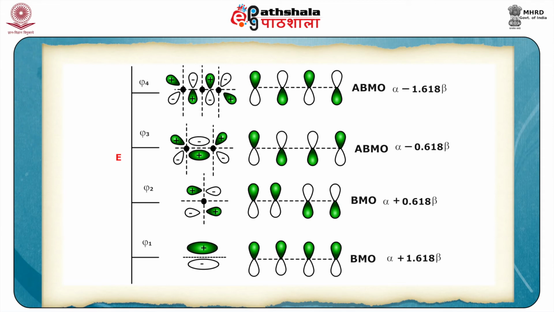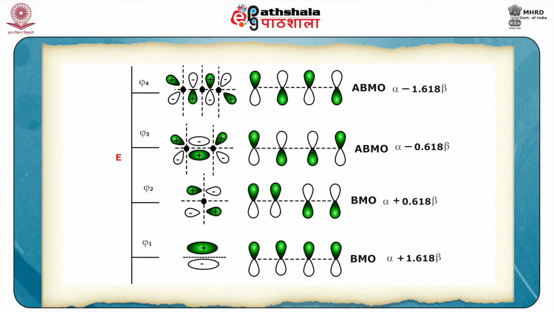That means there is a node between carbon atom 2 and carbon atom 3. And this can very well be seen from the corresponding molecular orbital, because the coefficient changes sign as we go from carbon atom 2 to carbon atom 3. Extending the same arguments, now we go to the anti-bonding molecular orbital.